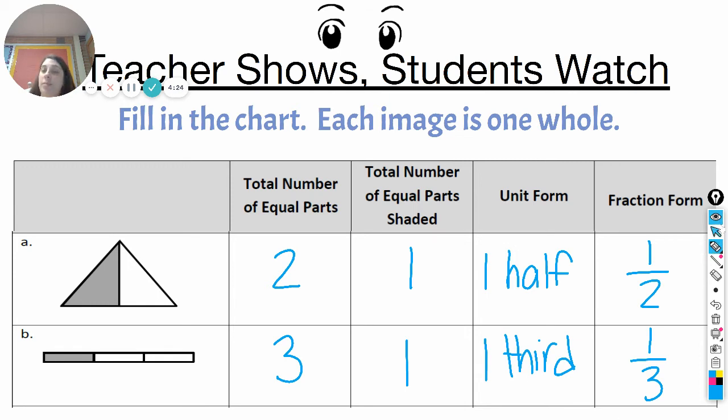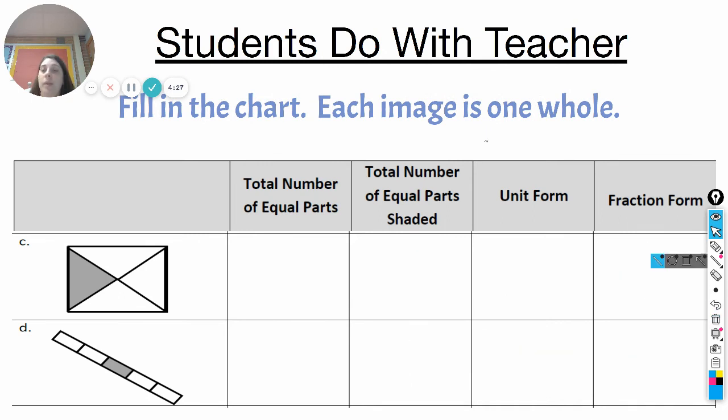Okay, let's go ahead and try some examples with you. Okay, so you can see we're going to look at C first. On your whiteboards, I want you to go ahead and write the total number of equal parts. And then how many of those parts are shaded. So just those 2 numbers first.